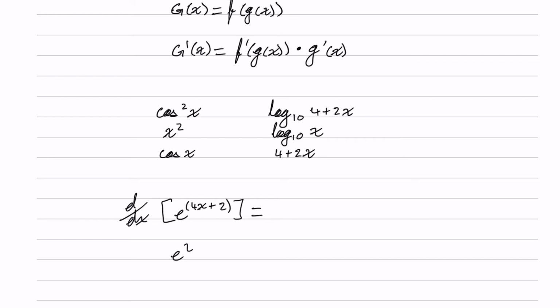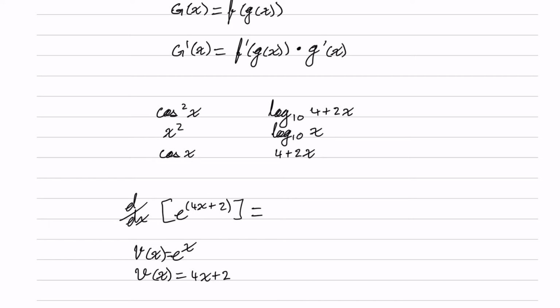So our outside function is e to the x. I'll call the outside function v of x, and the inside function we'll call u of x, so v of x is equal to e to the x, and then u of x is obviously equal to 4x plus 2.